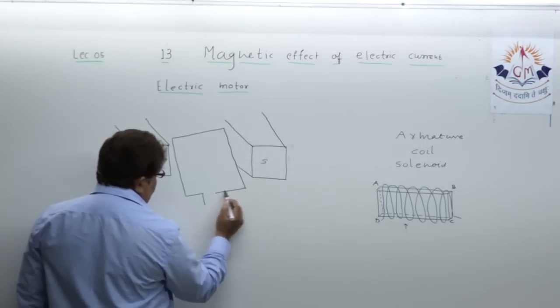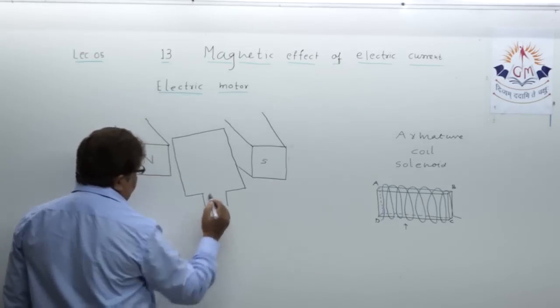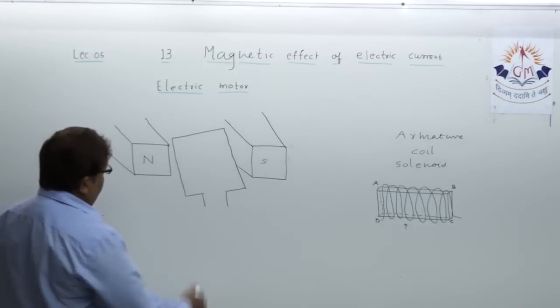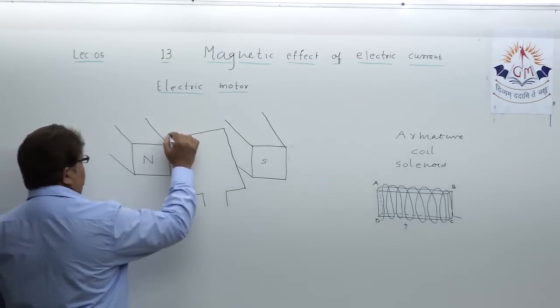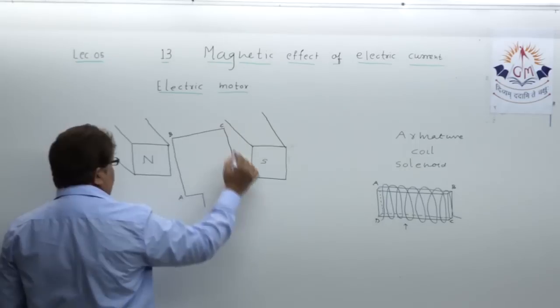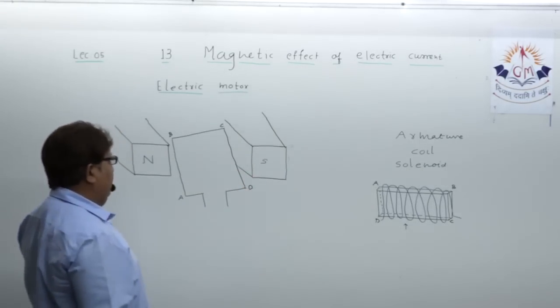Suppose this is a rectangular coil of wire. Let us say the ends ABCD. This is just a line diagram to actually understand what happens.